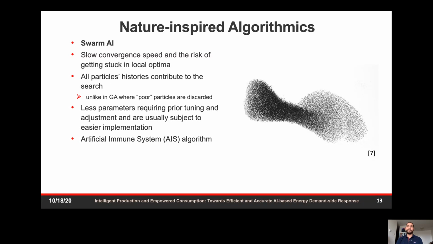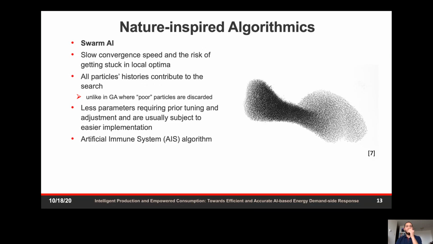It does have a slow convergence speed and risk of getting stuck in local optima. Here, all the particles' histories contribute to the search, unlike in genetic algorithms where poor particles are discarded. They have fewer parameters requiring prior tuning and adjustment, and are usually subject to easier implementation.